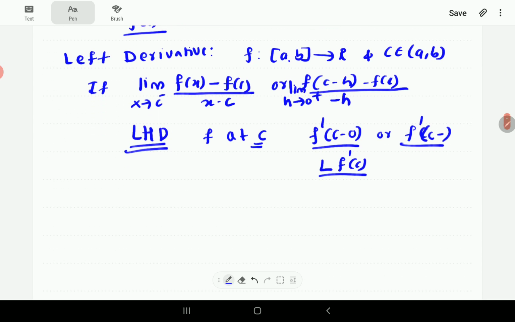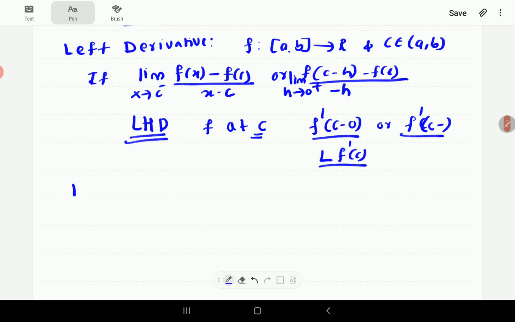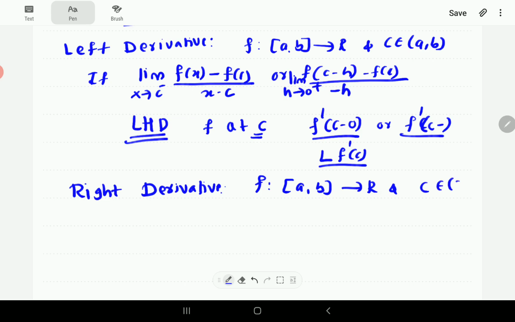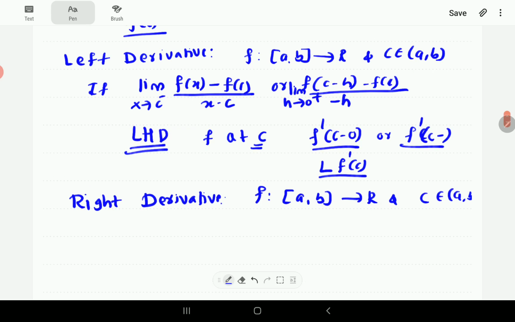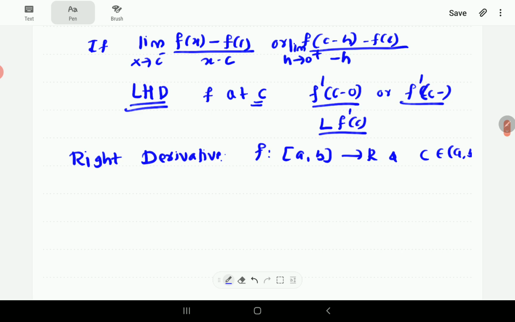Okay, similarly we can also define our right derivative, or right hand derivative, by the same procedure. Let f be a function from the closed interval [a, b] to R, and let c be any point in the open interval (a, b).